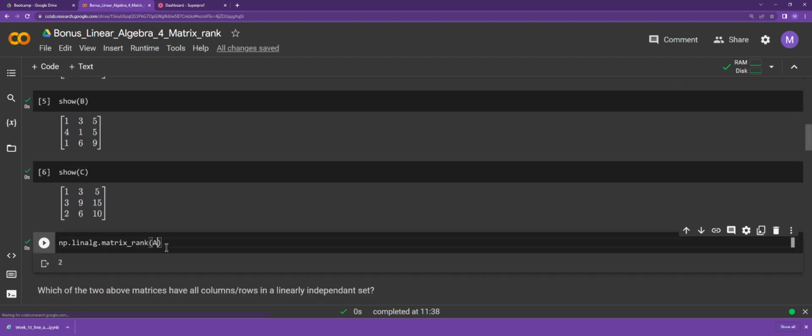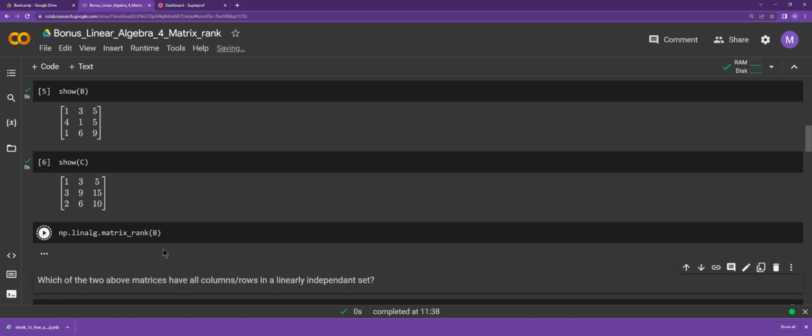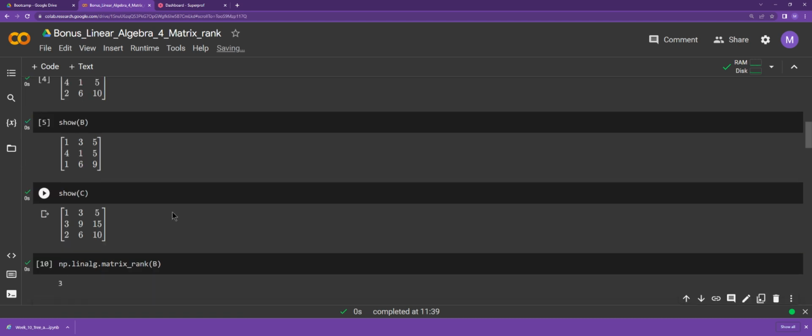And if we look at matrix B, the rank is 3. Basically, that indicates that, in either the rows or columns, you cannot get one of the other columns or rows by doing anything linear with either of the other rows or columns.